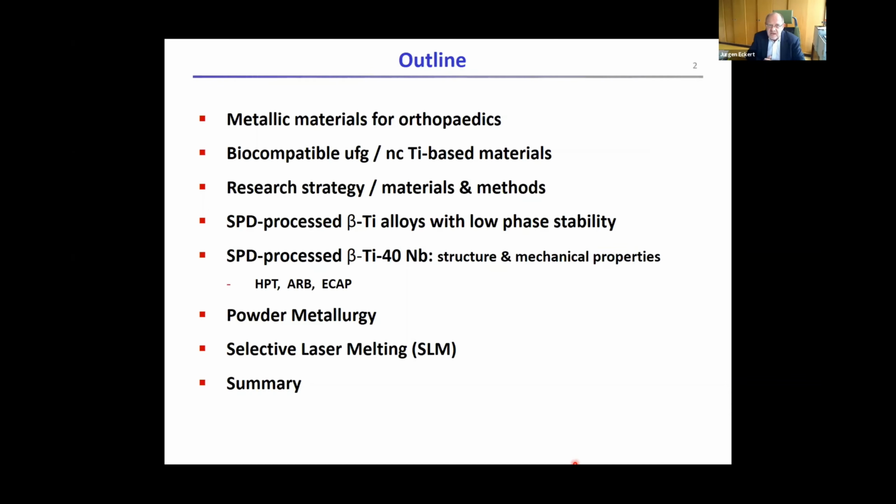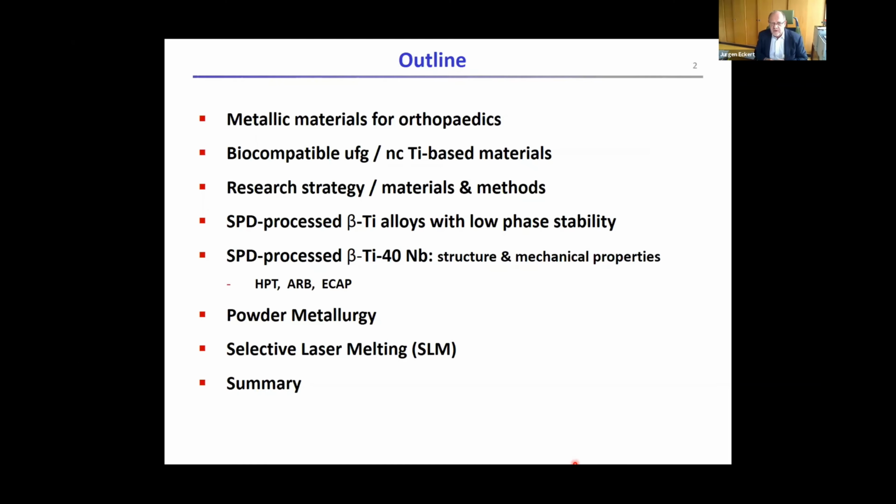I don't really have to motivate this, because we all know implant materials are more or less essential for an aging society. There are, of course, a lot of materials around, but they're not really optimum for what you need. In this outline, I want to give a little bit of an overview about different possibilities you have for designing, especially titanium alloys.